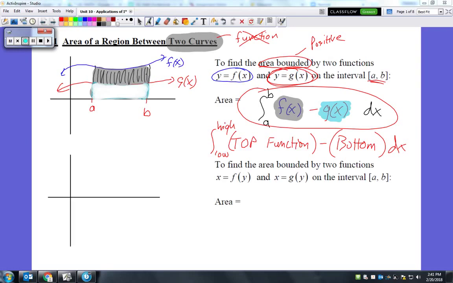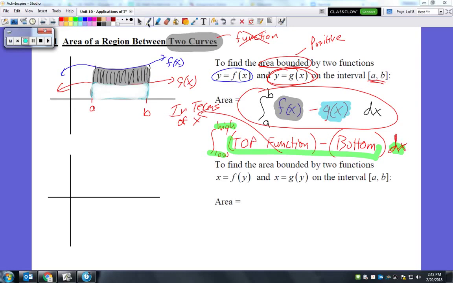That's how I want you to look at it. The low to high right here, these bounds, are saying from left to right, x-wise. So these functions right here, you tell me, they're going to be written in terms of what? They're going to be written in terms of x, because how else can you integrate something that's with respect to x?